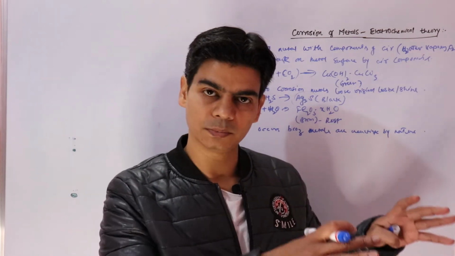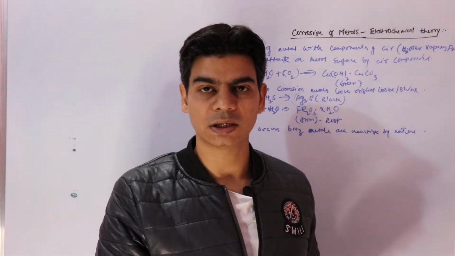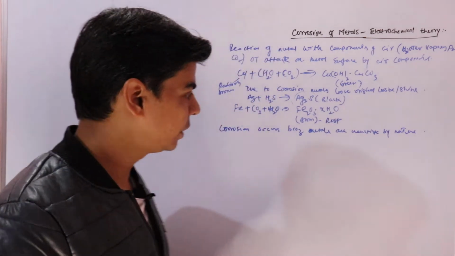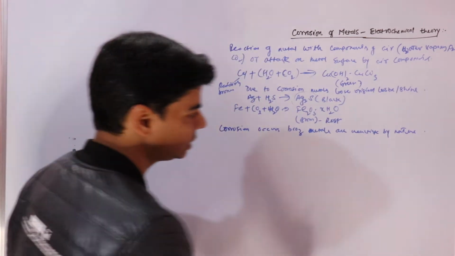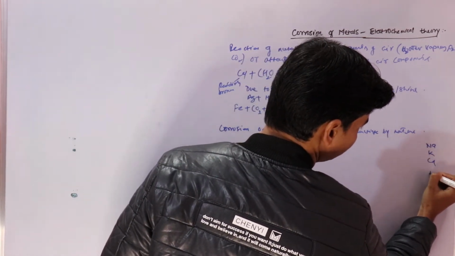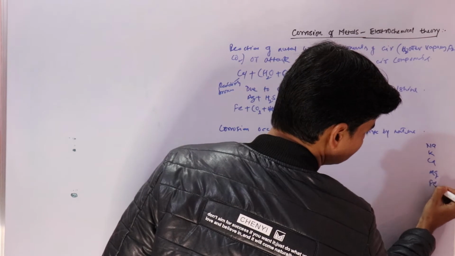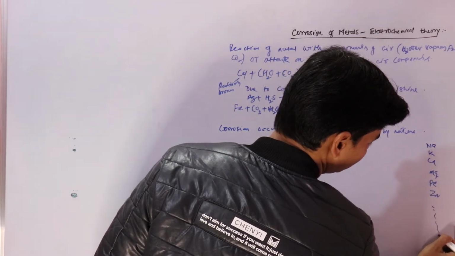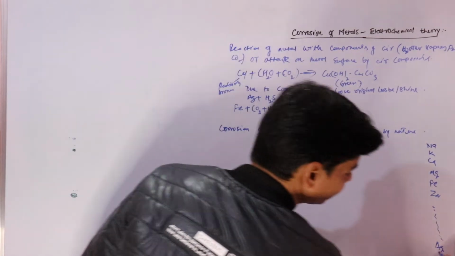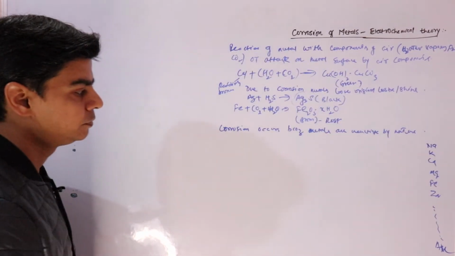That is, metals that are less reactive have less chances of getting corroded, or they get corroded very slowly, right? For example, if you remember the activity series of metals has sodium, potassium, calcium, magnesium, iron, zinc, right? And if you come down, you have gold, right, at the bottom, right?